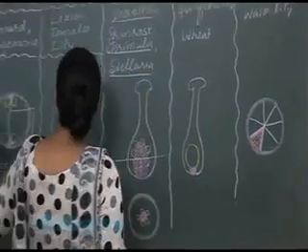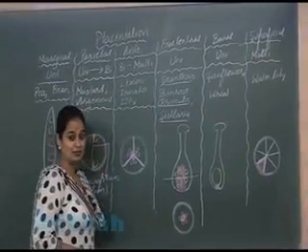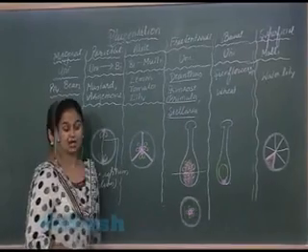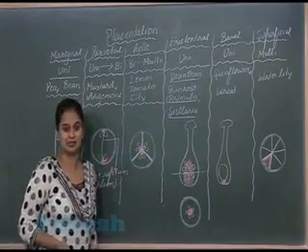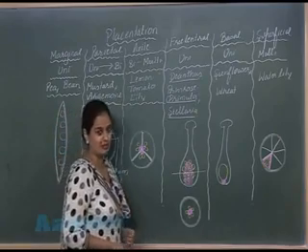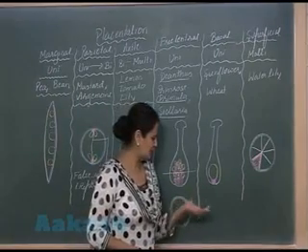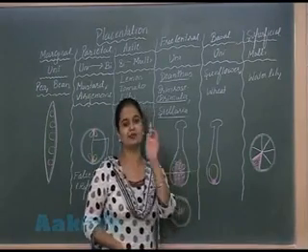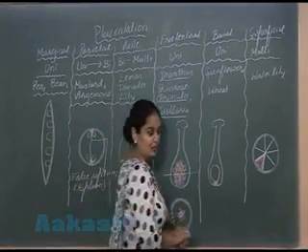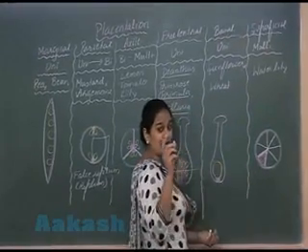तो यहां पर मैंने बताई है आपको 6 टाइप्स ऑफ प्लेसेंटेशन. So can you tell me among the 6 types of the placentation which is the most advanced one? I have discussed this in the plant kingdom, that reduction is known as one type of advancement. So you can see here that in the basal placentation, the placenta is present only at the base, and there is reduction with respect to the ovules, only one ovule is present. तो यहाँ पर present है reduction, and reduction is known as advancement.